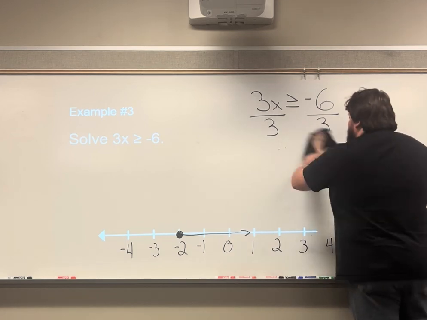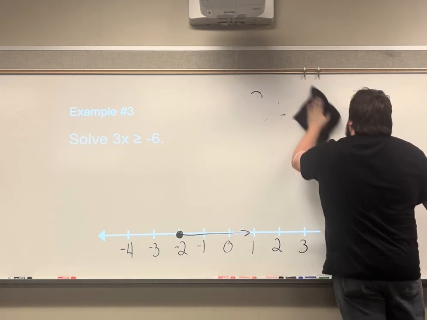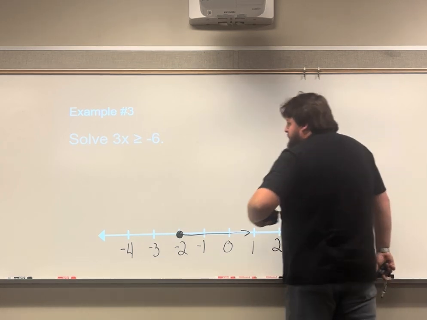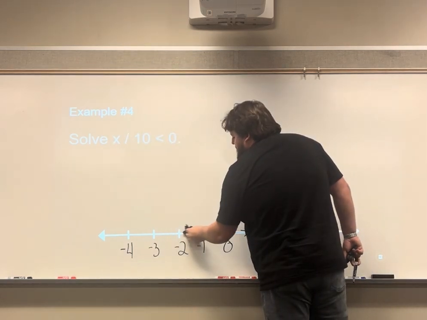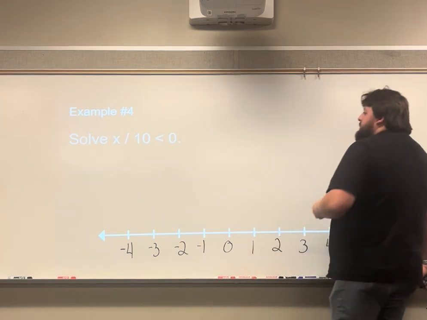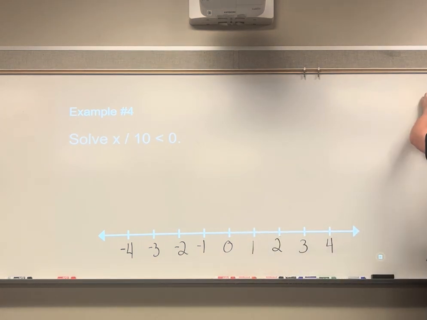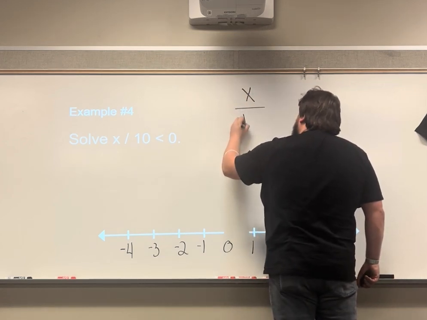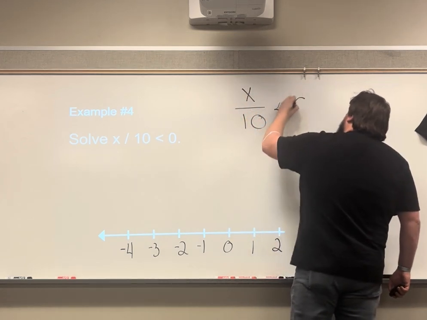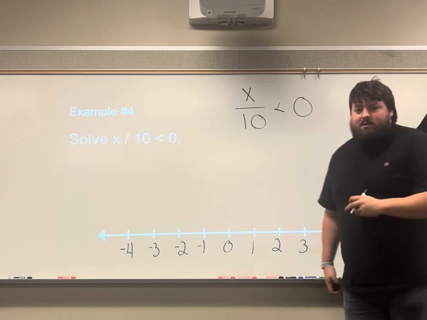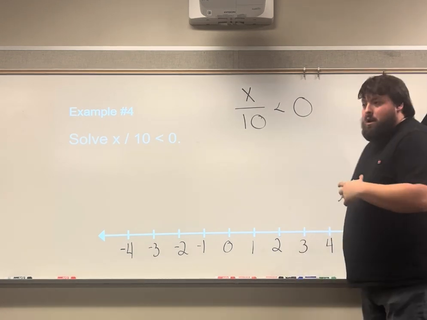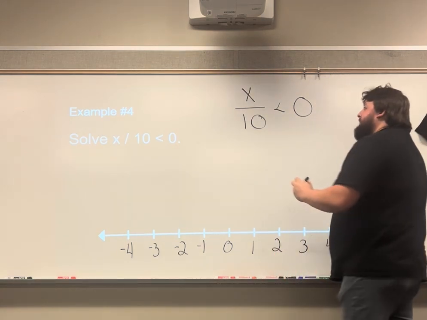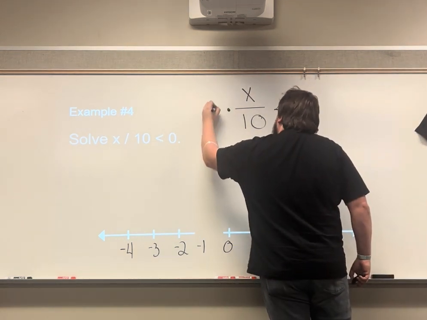That leads us into example 4. Example 4, we have x over 10 is less than 0. Since we're dividing the x by 10, we need to multiply both sides by 10 to get x by itself.